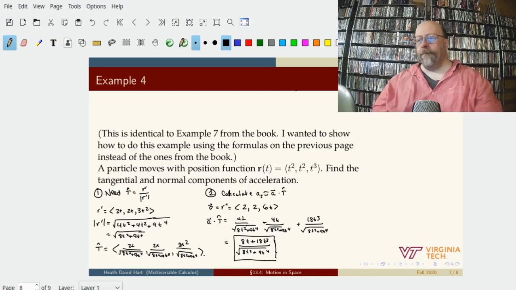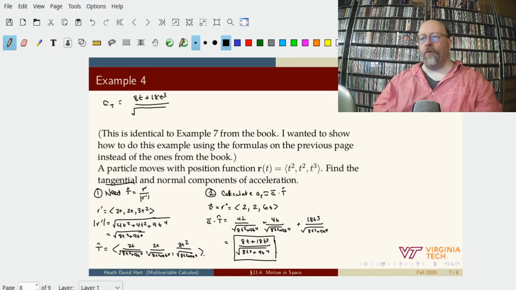Okay? So that's the tangential component of acceleration. That's this one here. a_T is 8t plus 18t cubed divided by the square root of 8t squared plus 9t to the fourth.